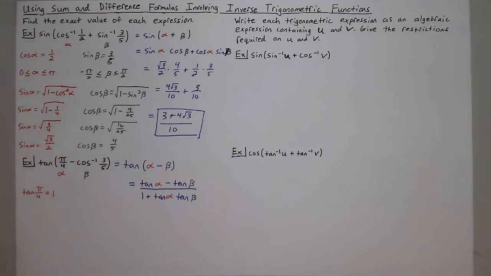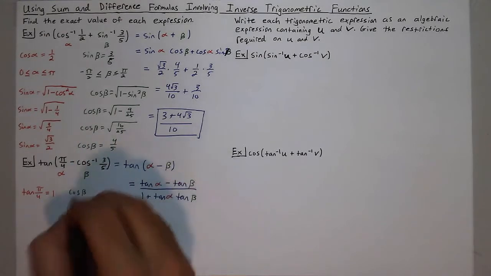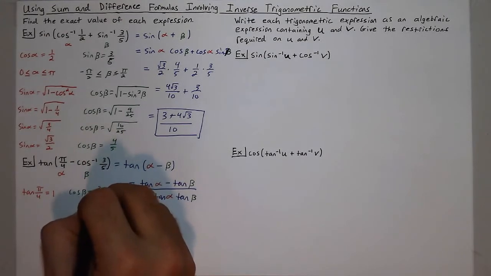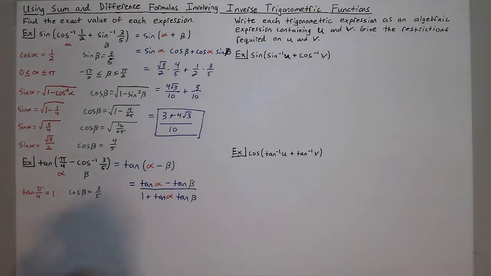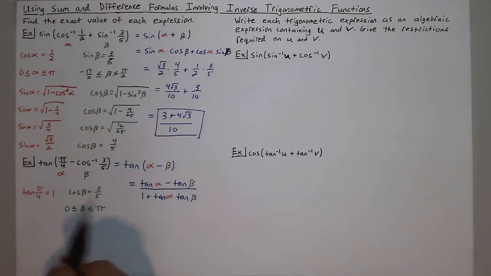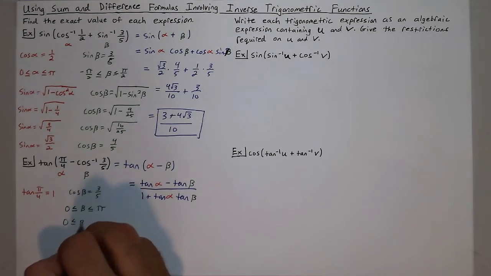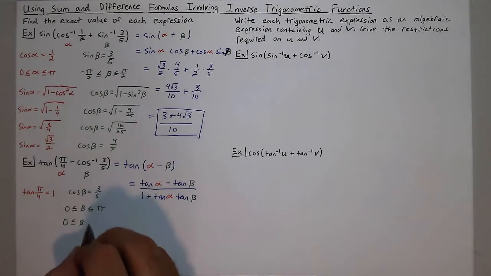But for beta, I know that cosine of beta is equal to 3/5. And again, beta is going to be in either the first or second quadrants. But even more specifically, since I know cosine is positive, it's actually going to be in the first quadrant, meaning tangent should also be positive.